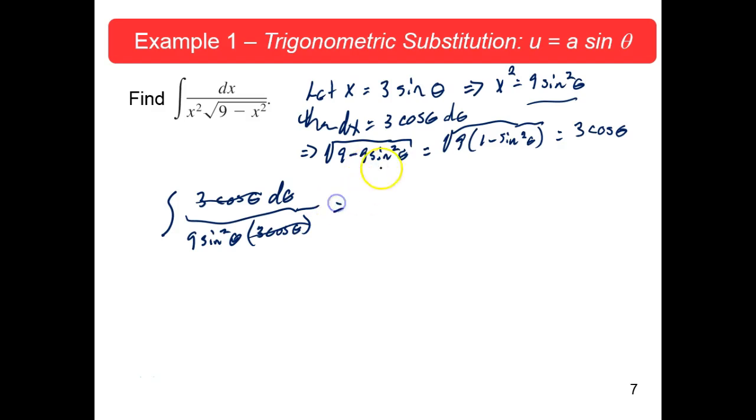So what we have is the integral of d theta over 9 sine squared theta. One thing I'm going to do with that is pull out the 9. So that's going to be 1/9 the integral of d theta over sine squared theta.